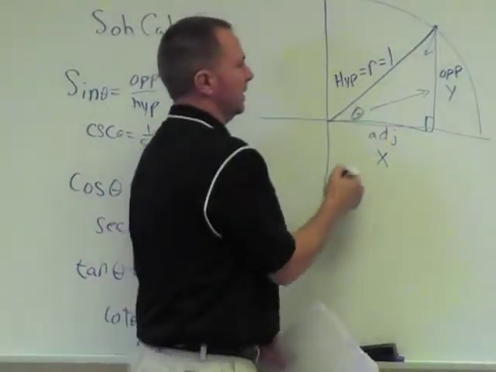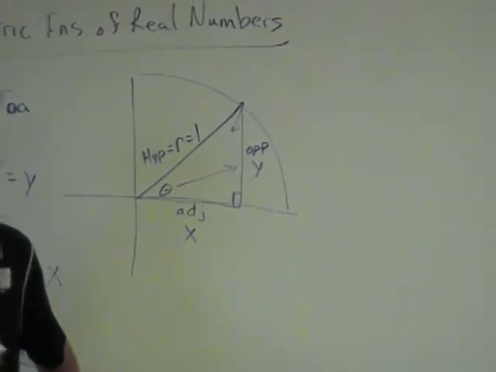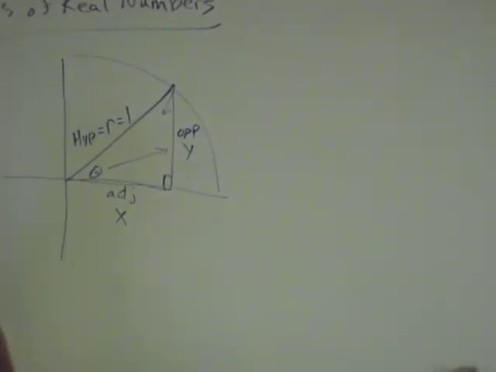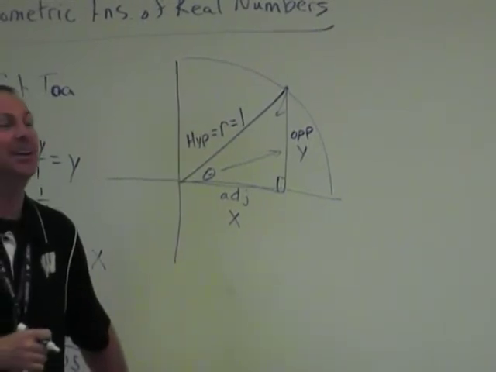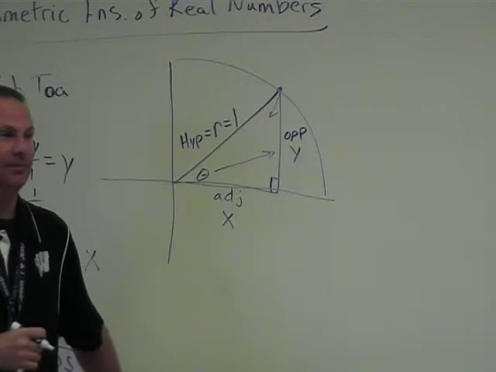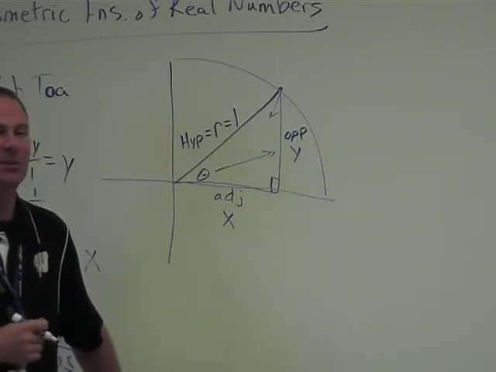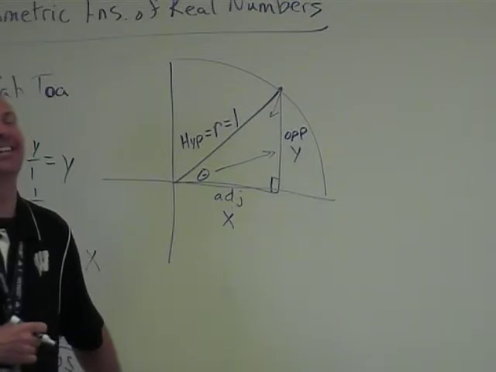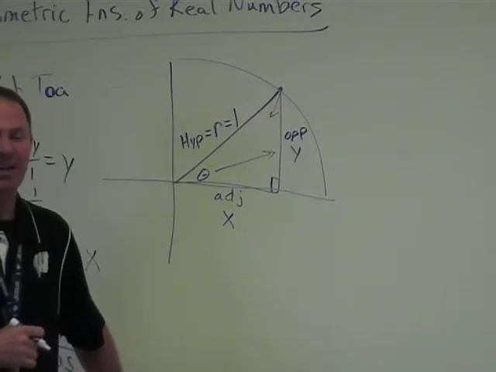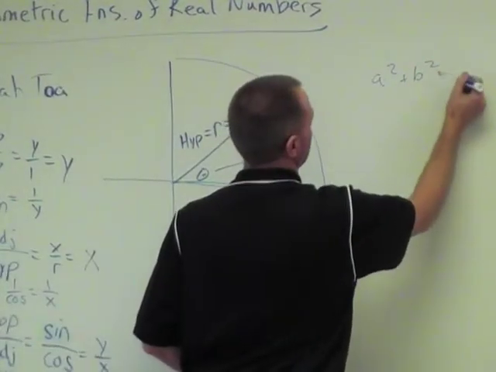Let's go back to this for a second. This is a right triangle. What do we know about right triangles before you came into this class? Yeah, they have a 90 degree angle. That's right. Pythagorean theorem, okay? a squared plus b squared equals c squared.